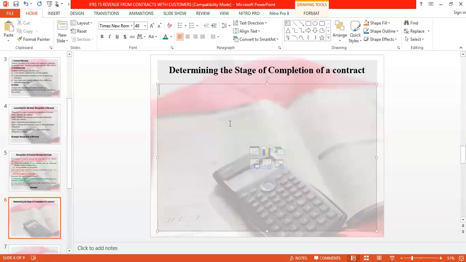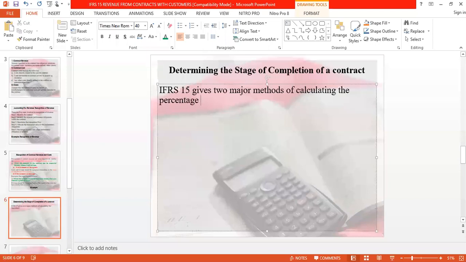Okay, let's complete. IFRS 15 gives two major methods, I know there are 3 methods, but it gives 2 major methods of calculating the percentage, the stage of completion.